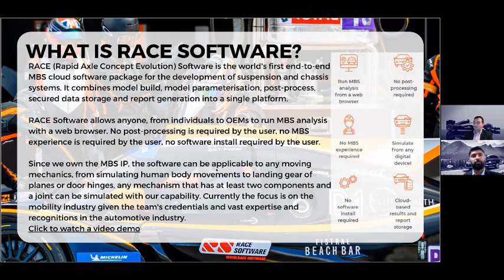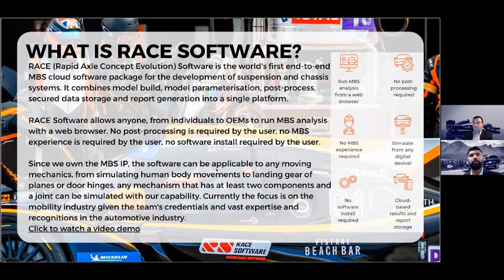You don't have to perform any post-processing specifically unless you would like to take the data and run it across on other co-simulation products. But otherwise, you just get the report and you have actionable insights from the report right away. We also own the IP for the tool itself.